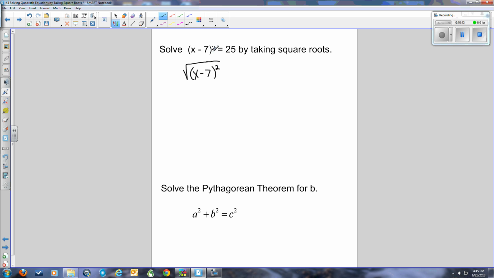So since this entire left side of this equation was squared, I'm just going to take the square root. But what I do to one side, I have to do to the other side.